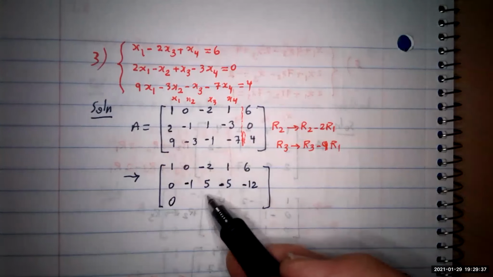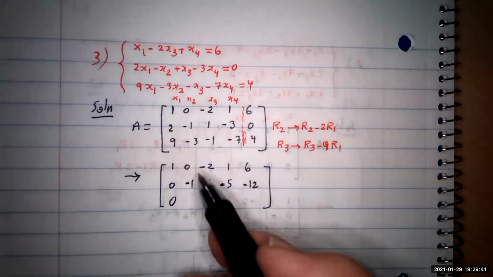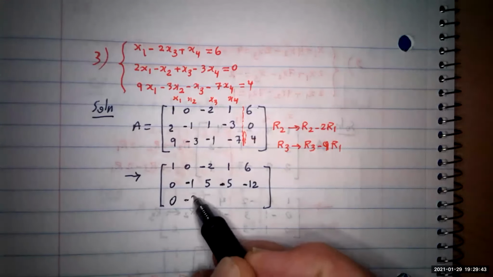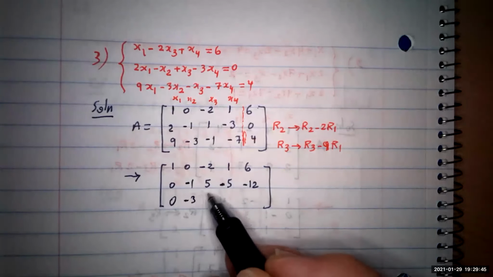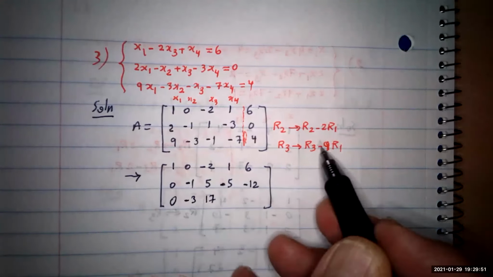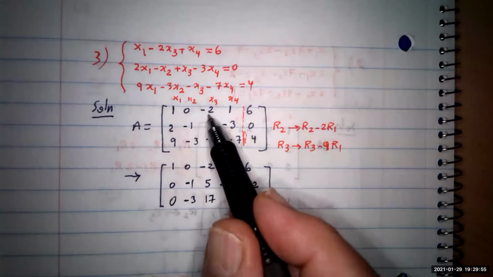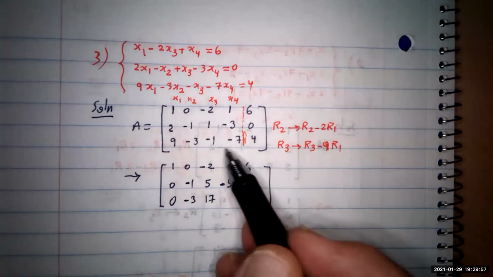Okay, so the second one is going to be 9R1. This is just a negative 3. Okay, this is going to be negative 3. And the next one is going to be 17. Okay, 9R1. That is the R1. So it's positive 18, 17.